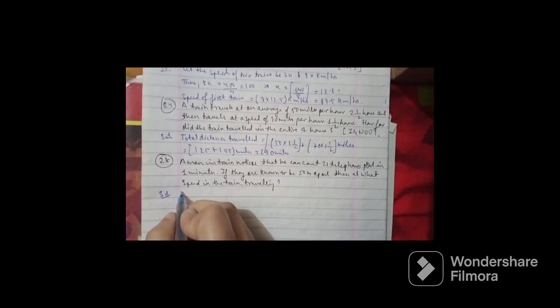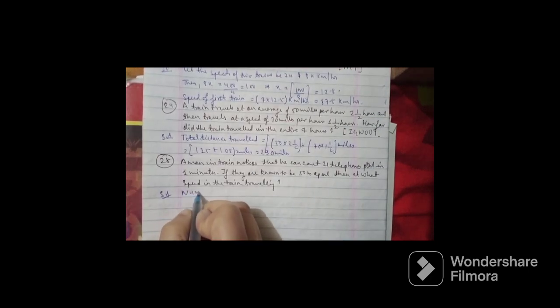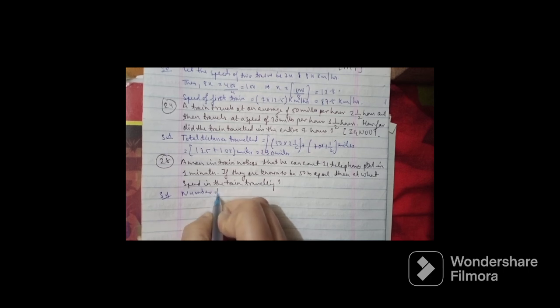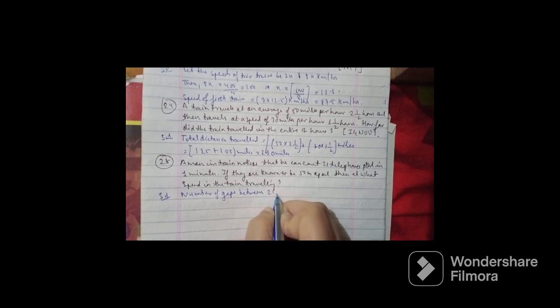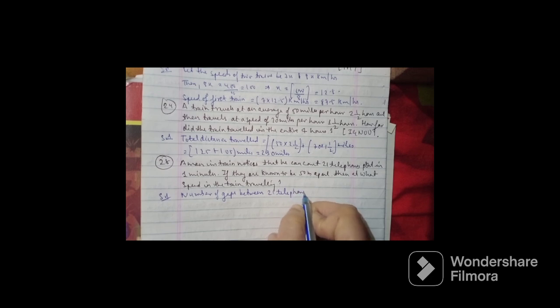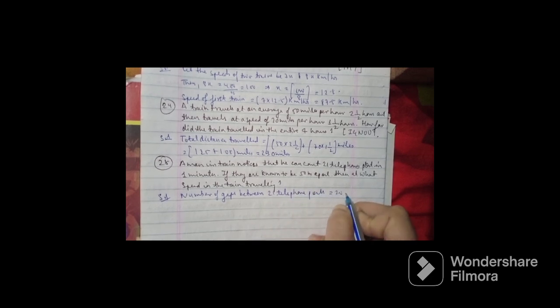Number of gaps between 21 telephone posts is 20.